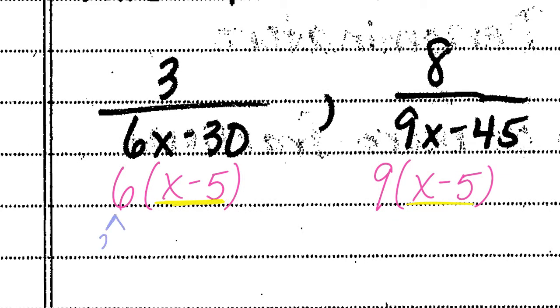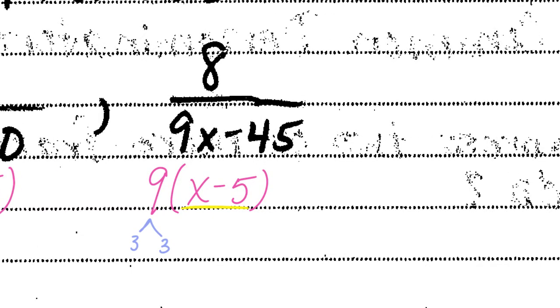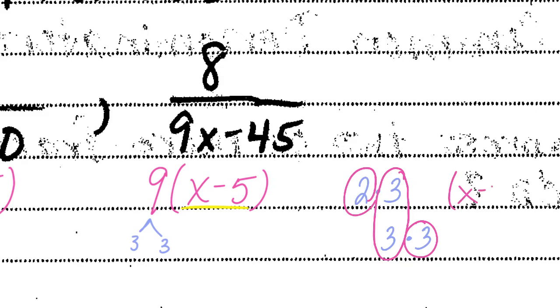6 is 2 times 3. 9 is 3 times 3. So if I was to line those up, let's go ahead and do that over here. If I have 2 times 3 and 3 times 3, one of our 3's is used. And then I'm going to use a 2 and a 3. And remember, I had x minus 5, which was also in common. I'll go ahead and put that in here as well.